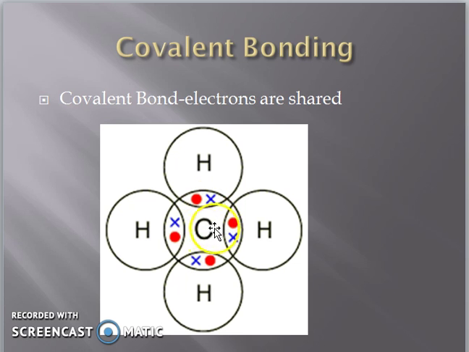So in order for carbon to get 8 in its outer shell, it needs 1 electron from each hydrogen, and then for hydrogen to become stable, it only has that first orbital, which only needs 2. So each hydrogen shares 1 electron with carbon, and the carbon shares 1 electron with each hydrogen, resulting in a total of 8 for the carbon and 2 for each hydrogen, which results in that stable arrangement.